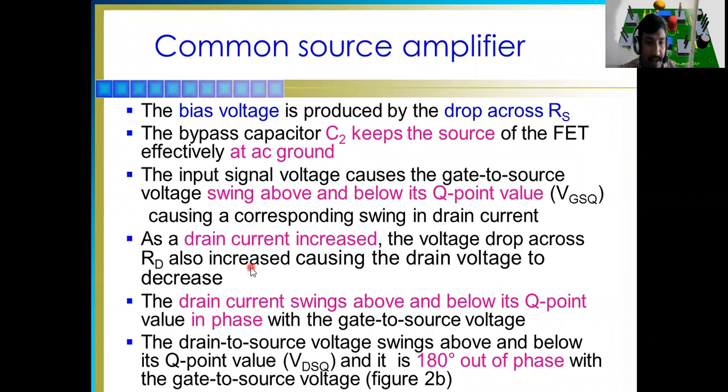Fourth point: as the drain current increases, the voltage drop across RD, which is the drain resistor, decreases, right?